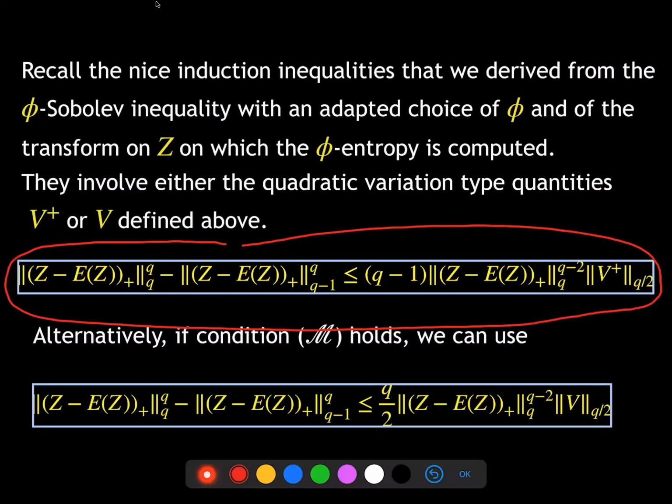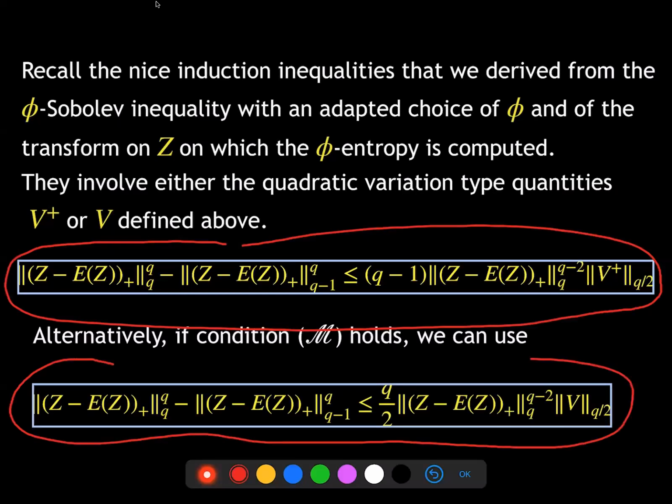You have about the same inequality. The only difference is that you have q over 2 instead of q minus 1, but apart from that, it's the same inequality.